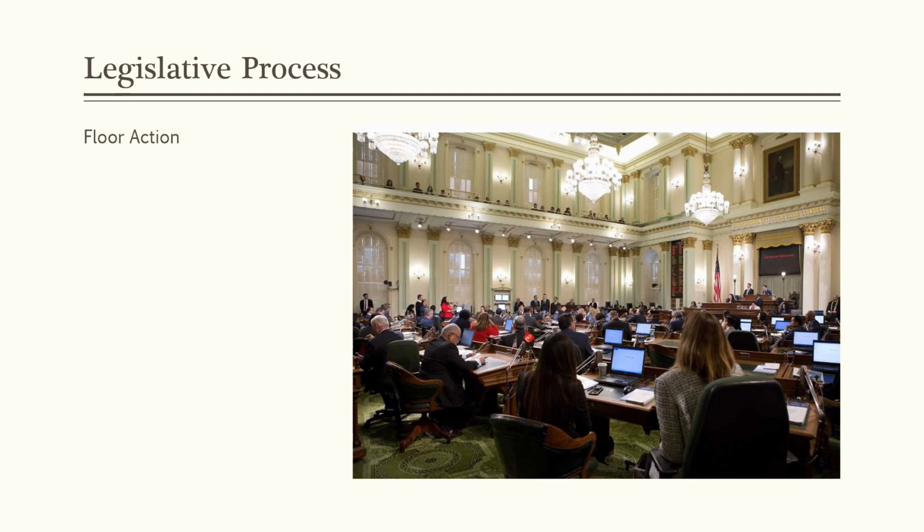So floor action would include things like debate over the bill, amendments might be offered and voted on, and then ultimately a final vote on the bill is taken. And if a majority votes in favor of the bill at this stage, it moves on to the next step in the process. If a majority is opposed, then that's basically the end of the line for that bill, and it dies.